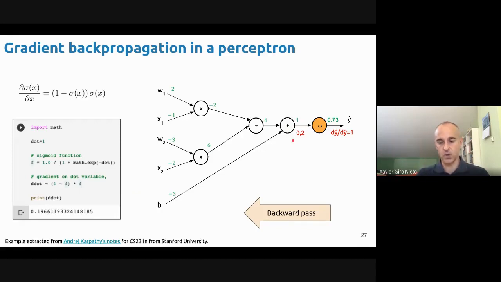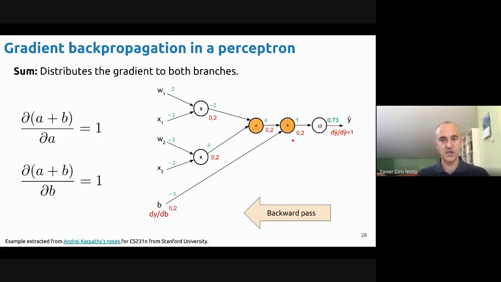Let's move backward. Now we have the additions. In the additions, we can also compute the partial derivative. When we have an addition of two values, and we compute the partial derivative for each of the two terms, the partial derivative is 1. So that's quite easy. When we have an addition, we take the gradient and multiply it by 1.